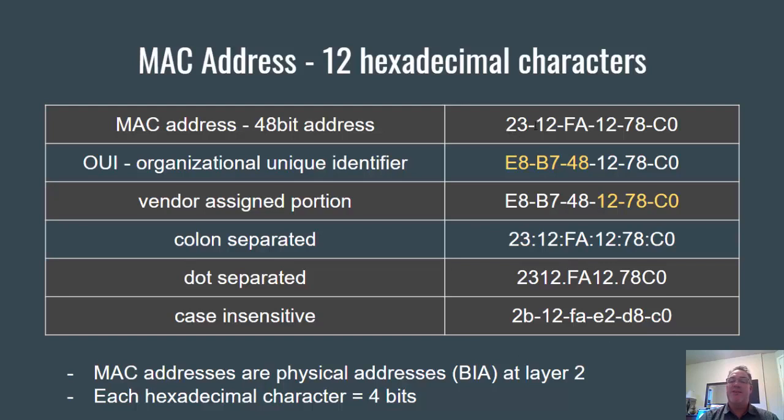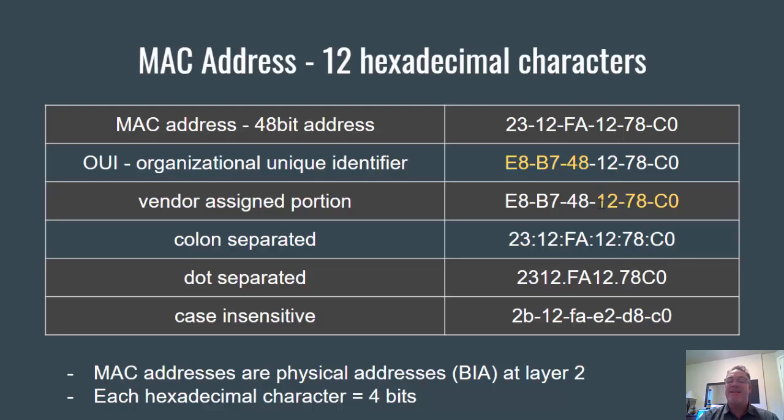So this is what it looks like. So this is an example. I just made this number up, but this is 12 hexadecimal characters like a MAC address. The first 6 hex characters is the organizationally unique identifier. This identifies the manufacturer of the NIC. So if the first 6 characters on your MAC address is E8B748, you have a Cisco NIC.